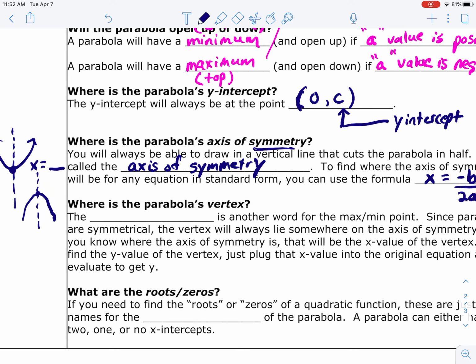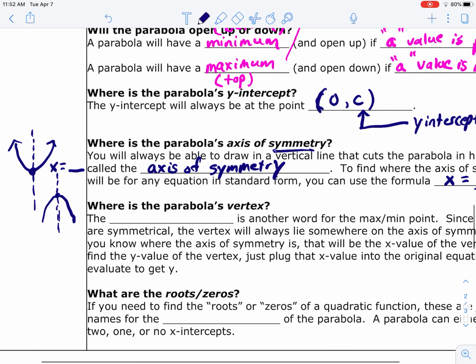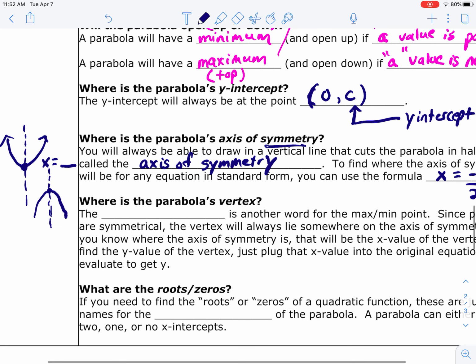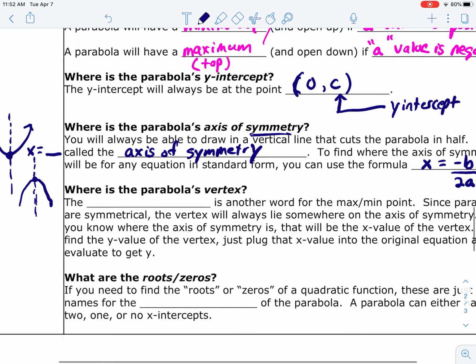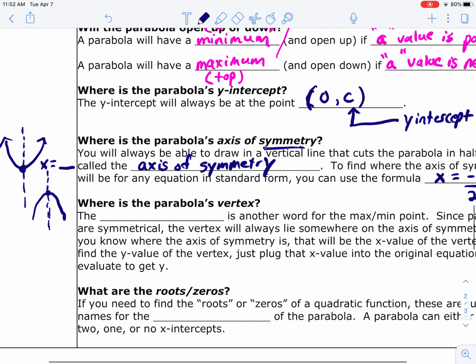So it'll be an X equals equation because the axis of symmetry is a vertical line going up and down, and anytime you have a vertical line, your equation is X equals whatever the X value is for that point, wherever it goes through the x-axis.